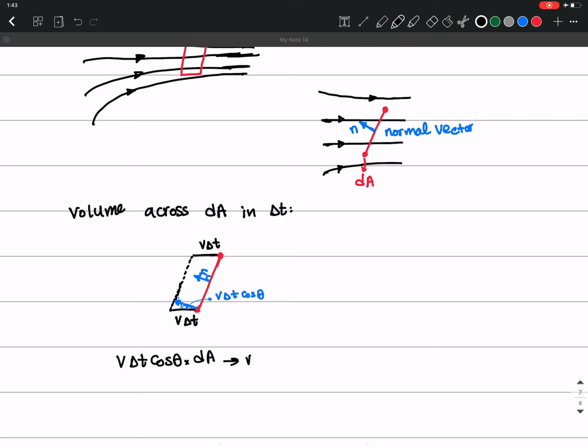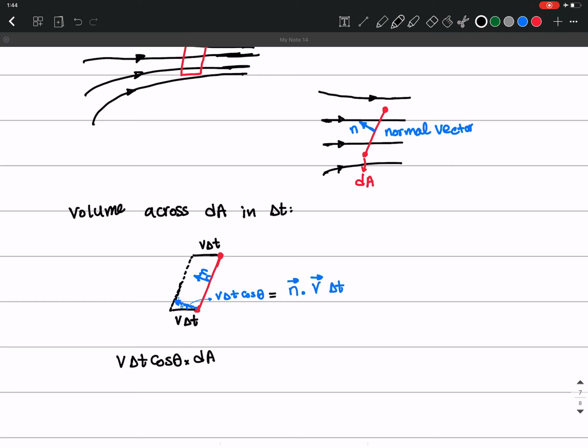So this is the volume across dA in delta t, okay? So we have a conversion for this V delta t times cosine theta. We can write it in terms of the normal vector. So this can be written as n, the dot product between the normal vector and the velocity vector, and then you just multiply it by delta t.